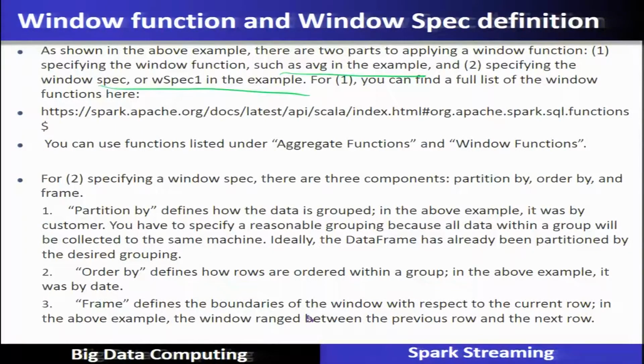So, all these are very much needed, and the partition by and the order by together will perform the optimizations in the data movement from different cluster systems. And secondly, the frame, that is the window operations, is very much needed for moving average, and it depends upon the application how this particular window is used.